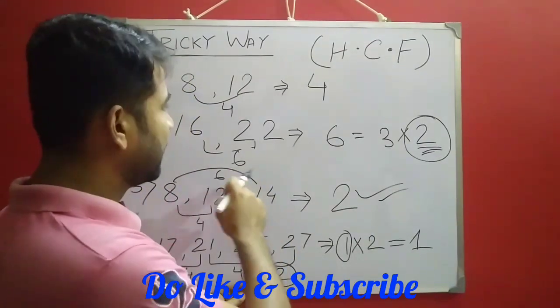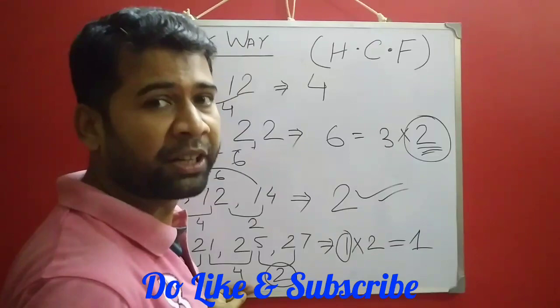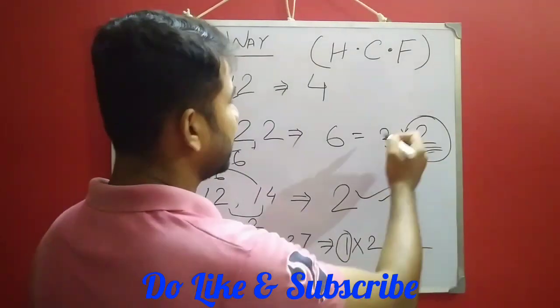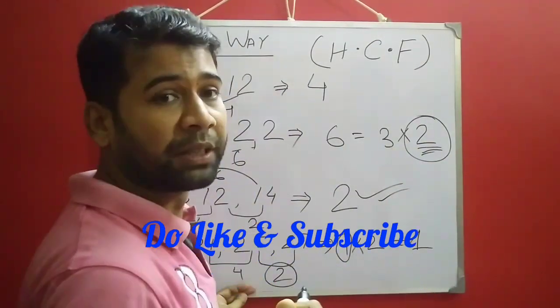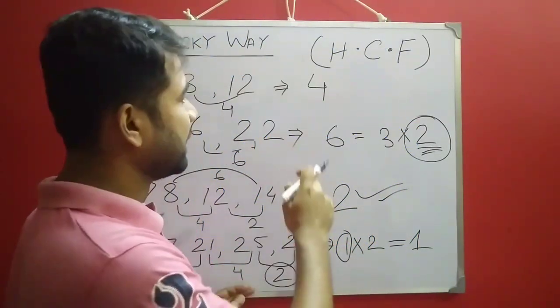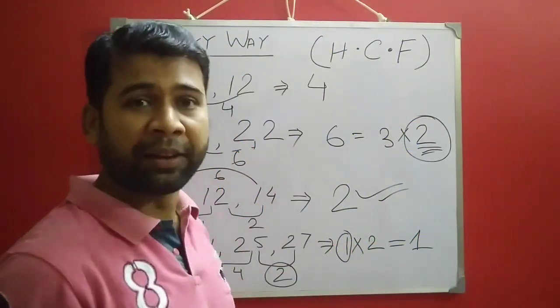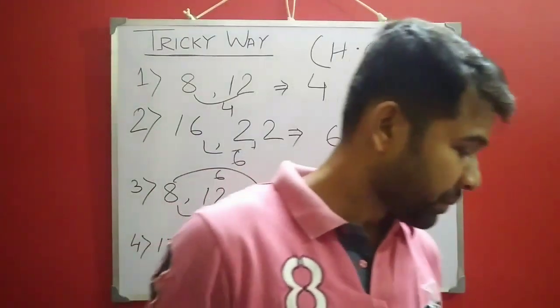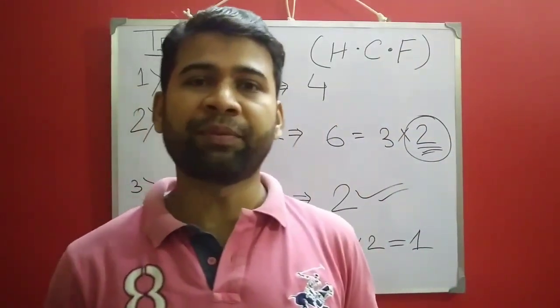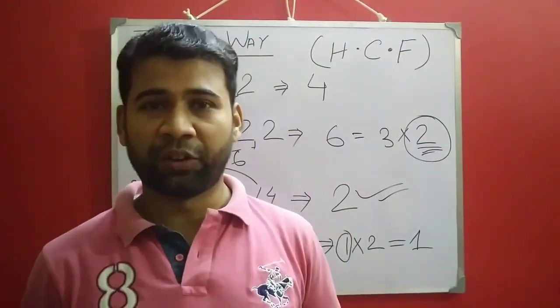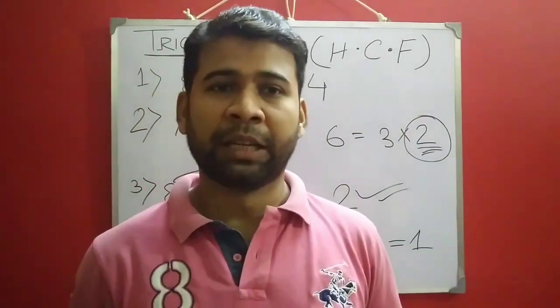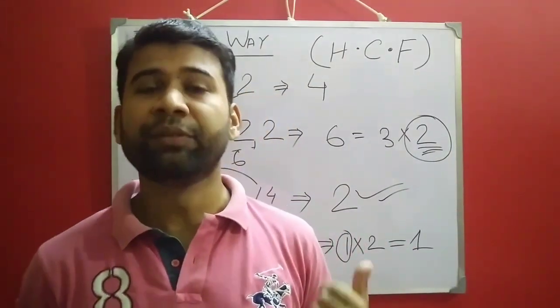Otherwise, factor the difference and check which factor is a divisor of the numbers. Clear? This is how we can find the HCF of numbers in our exam within a few seconds.